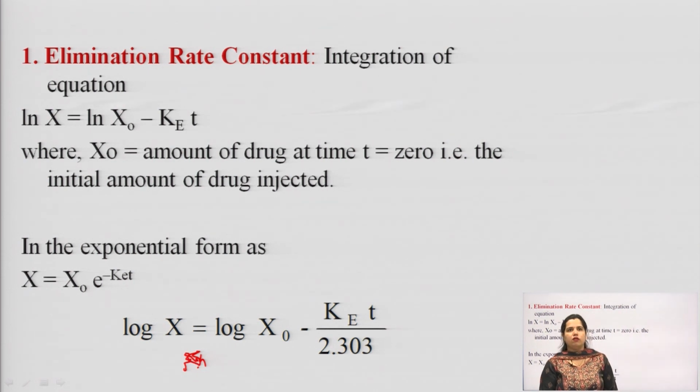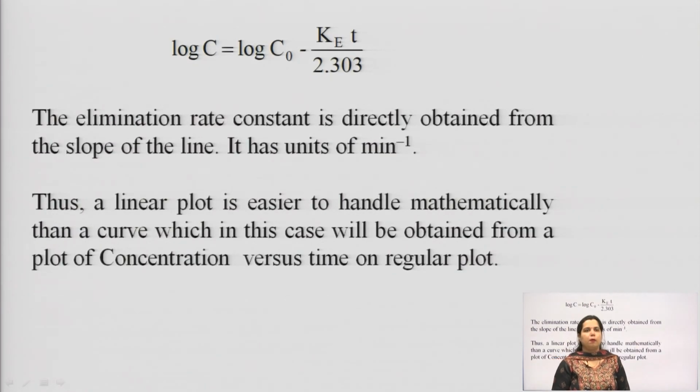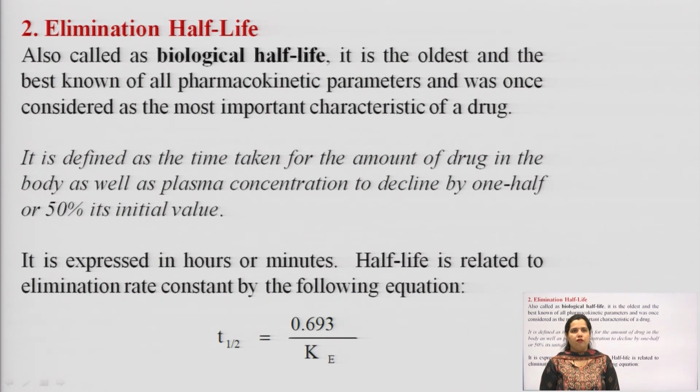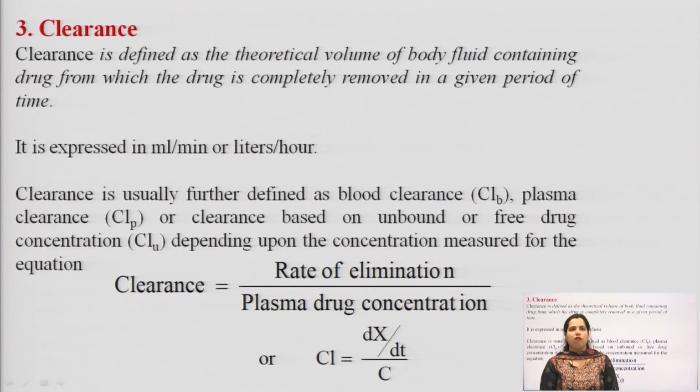The elimination rate constant can be plotted using regular plots and semi-logarithmic plots. Basically, semi-logarithmic plots are used for plotting the rate of elimination of one compartment models. Then elimination half life, also known as biological half life, is the time in which the drug is reduced to 50% of its initial value.